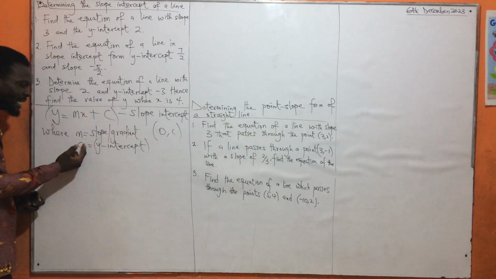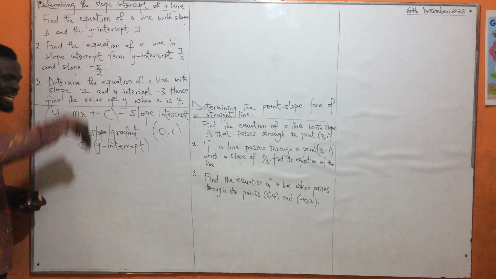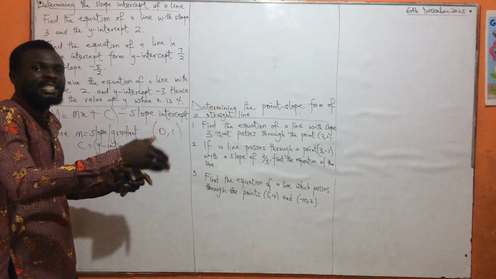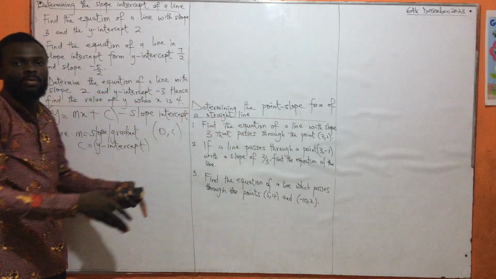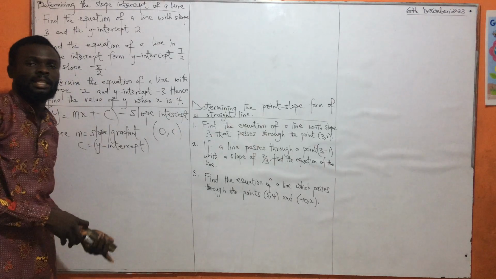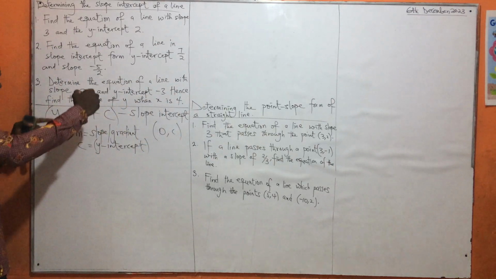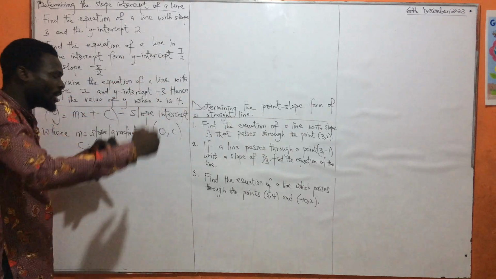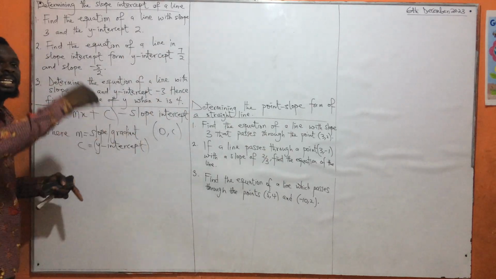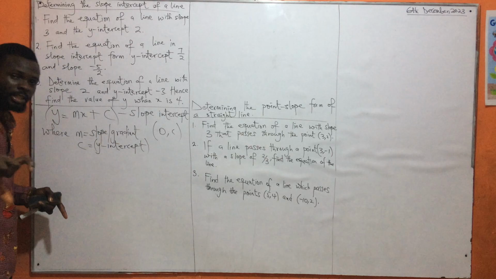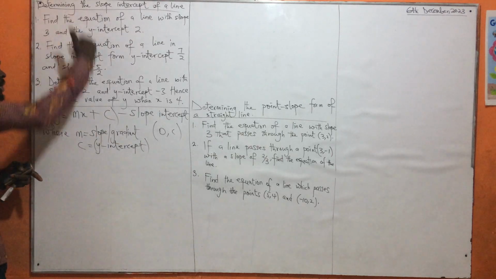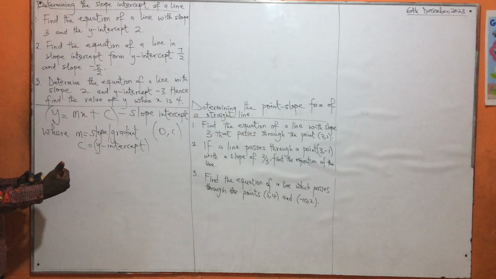The y-intercept is the c, and that gives you the equation of the line in slope intercept form. Now that we know what we need, we can solve the given examples.